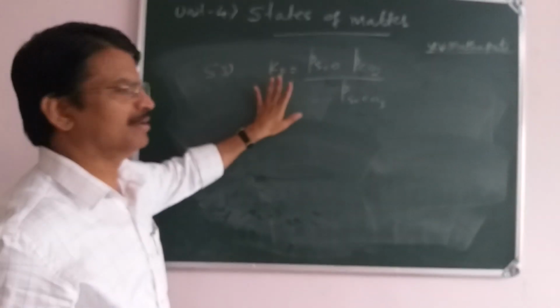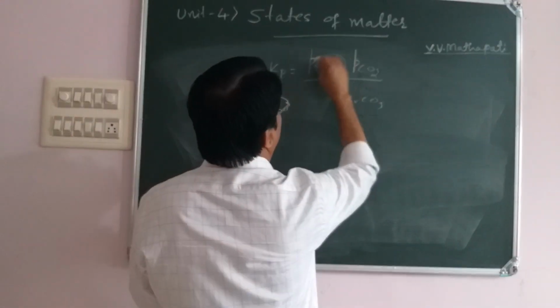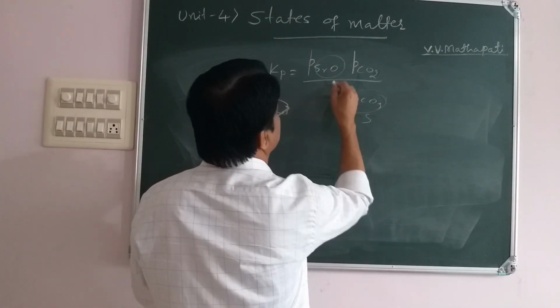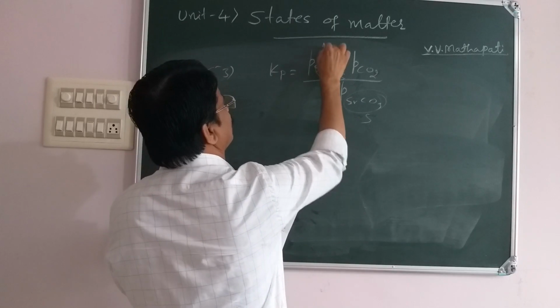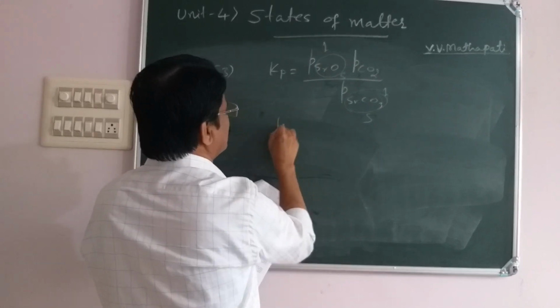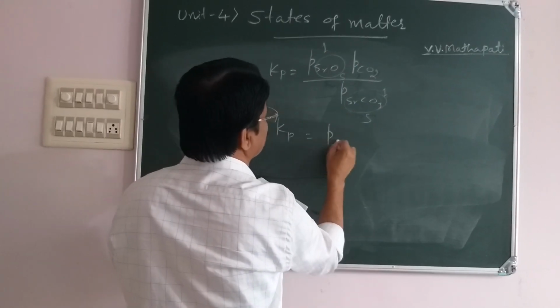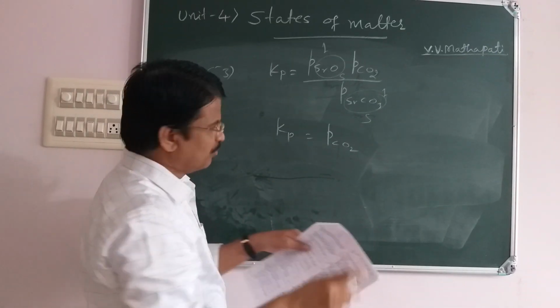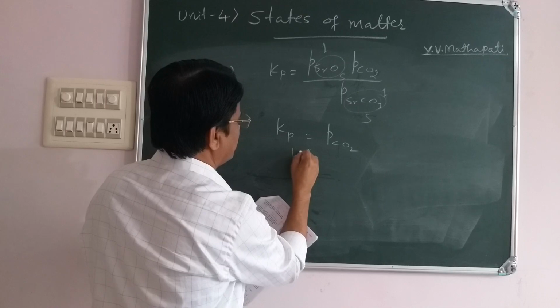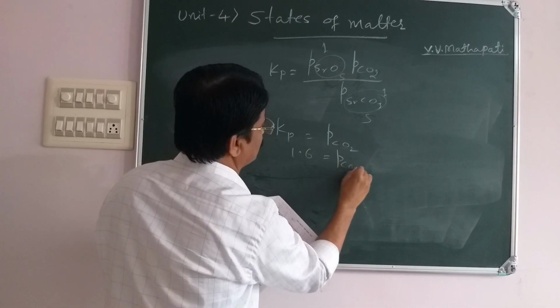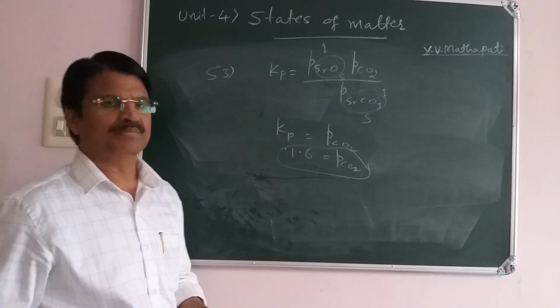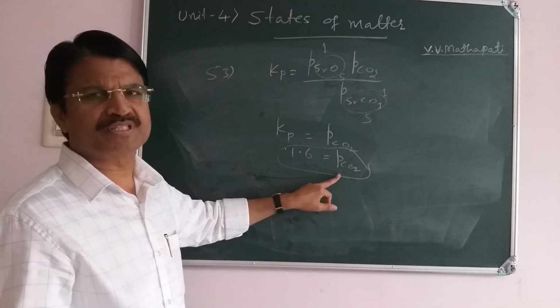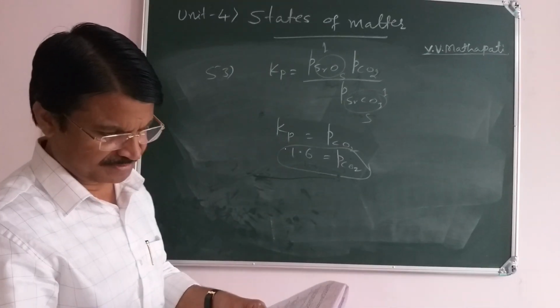First you write the Kp formula. But SrO and SrCO3 are solids, and their value is taken as 1. Therefore, Kp equal to P of CO2, and the Kp value given in the question is 1.6. Indirectly they give the partial pressure of CO2, and see what they are asking.